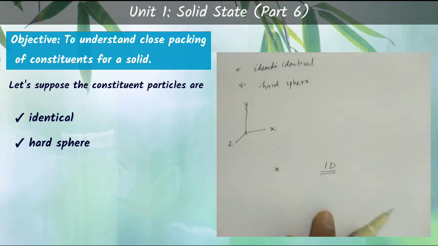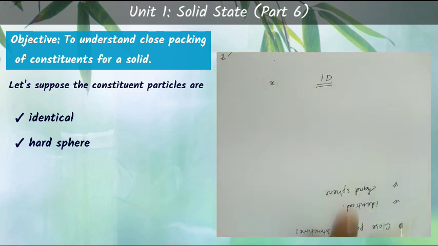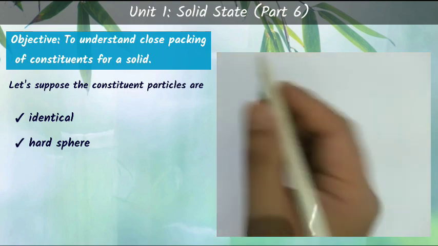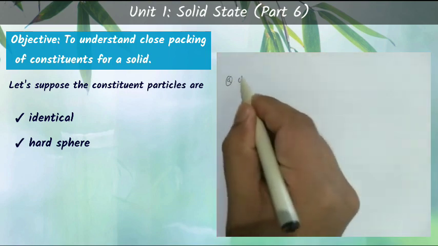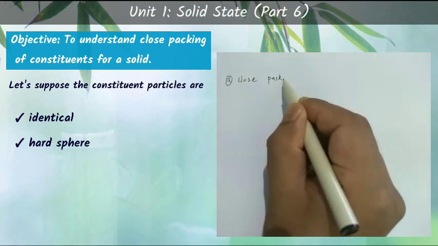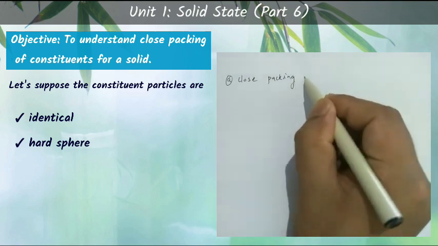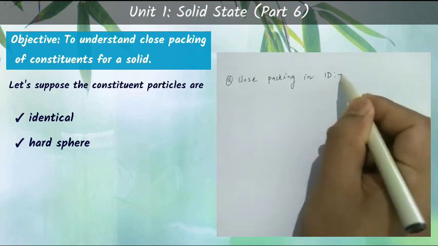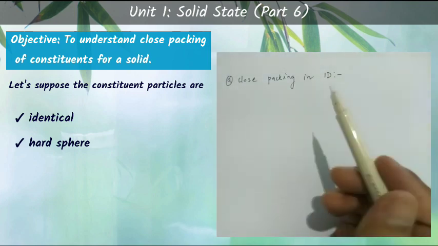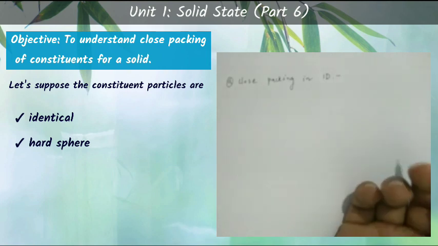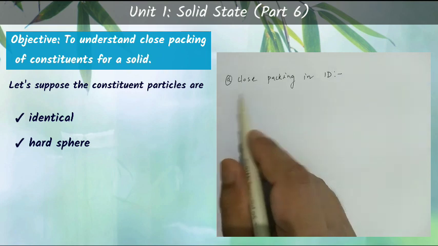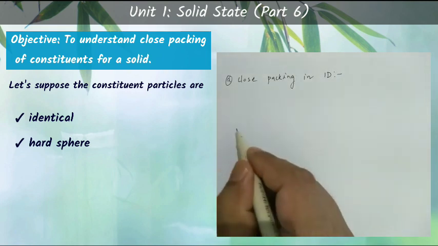So let us first discuss the close packing in 1 dimension. 1 dimension means 1 direction. Here the way of arranging spheres in 1 dimension, that means in 1 axis.